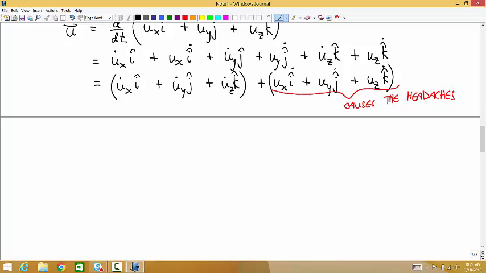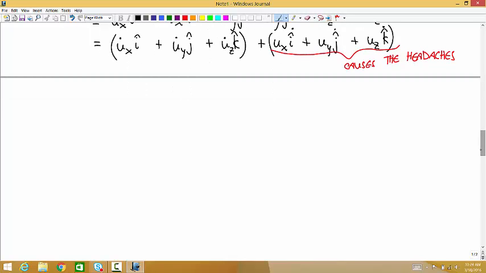Okay, so how does that work? Let's think sort of intuitively about what's going on.